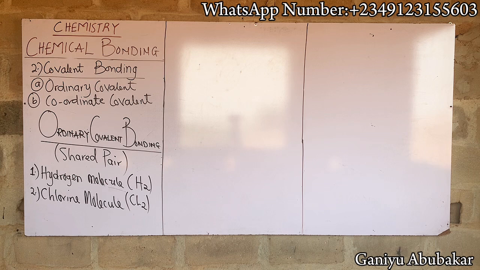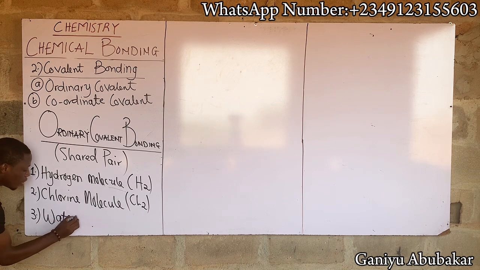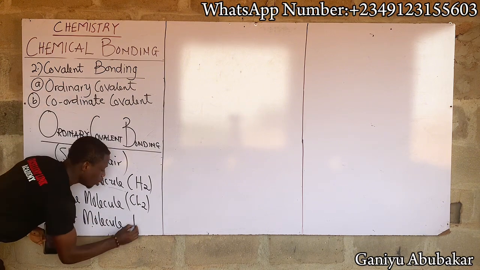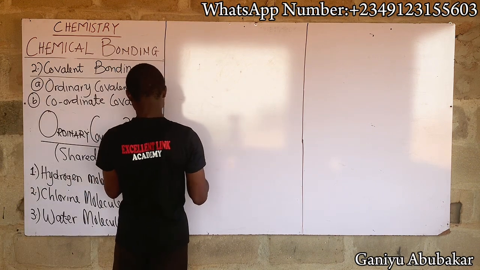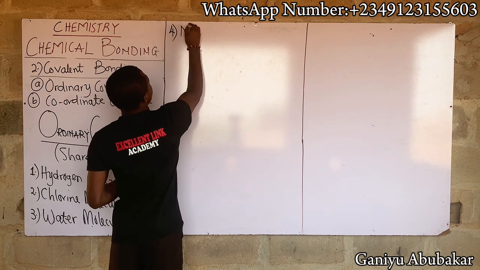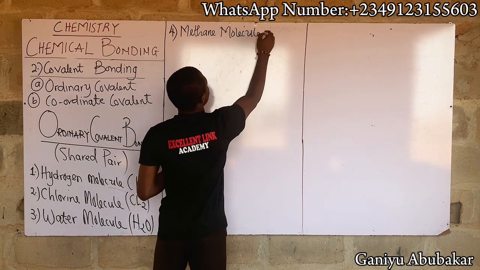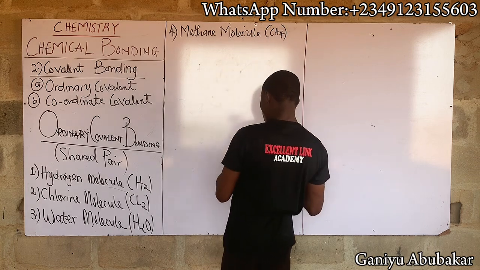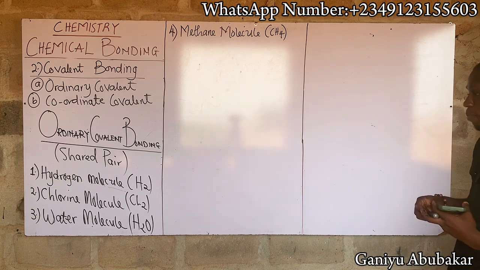Number three, we have the water molecule, that's H2O. Number four, we have the methane molecule, that's CH4. All these are simply examples of ordinary covalent bonding.